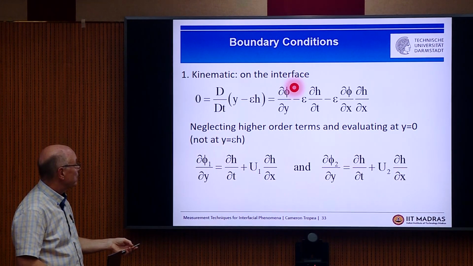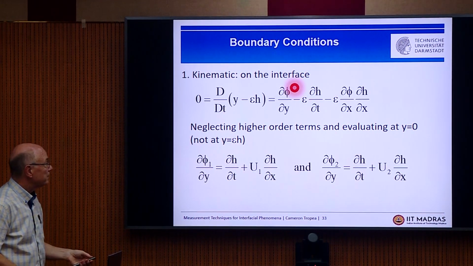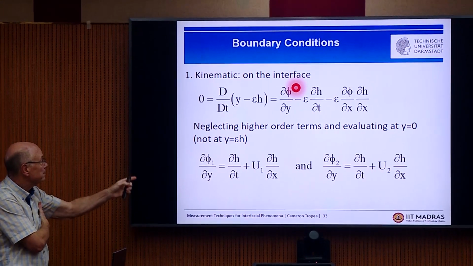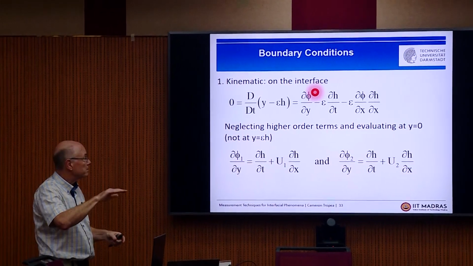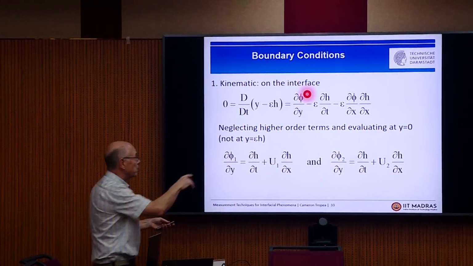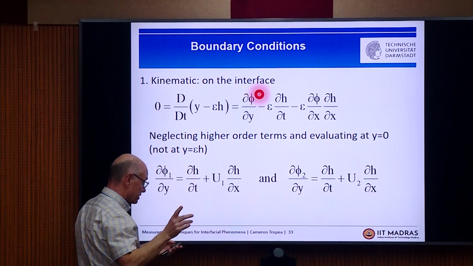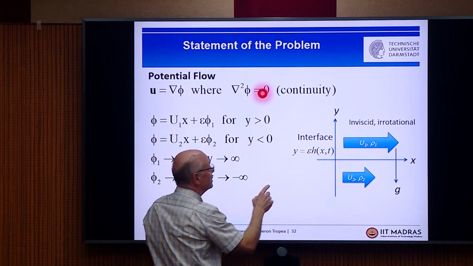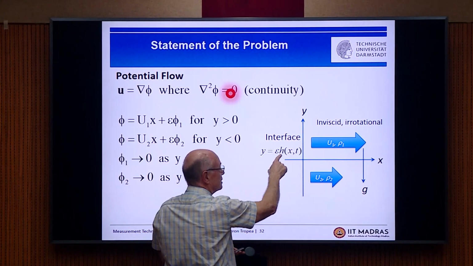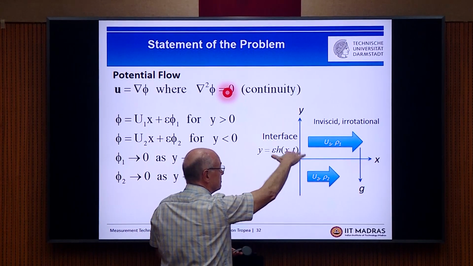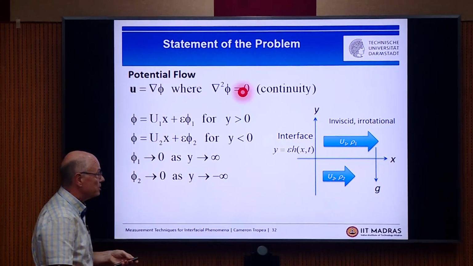And so again, on the interface, we have a kinematic situation. The interface is going up and down, let's say, with a small amount epsilon h. This is similar to the last time. We're perturbing this interface a little bit by epsilon times some h, and so we get a small perturbation.